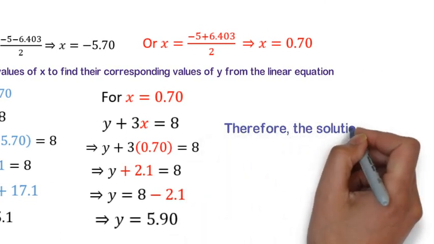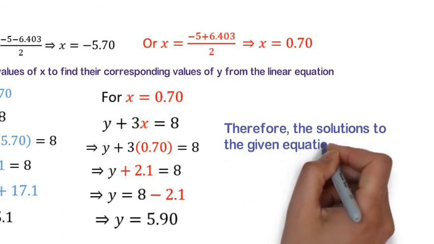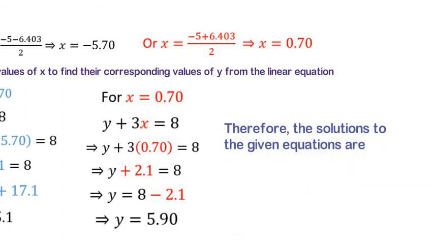Therefore, the solutions to the given equations are x equal to −5.70, y equal to 25.1, and x equal to 0.70, y equal to 5.90.